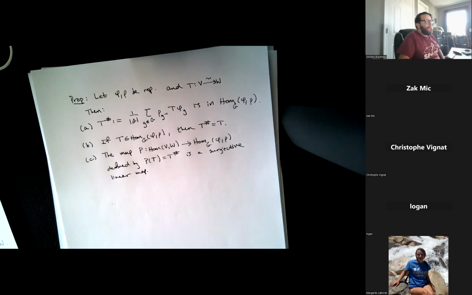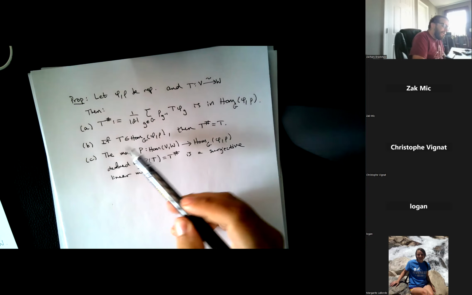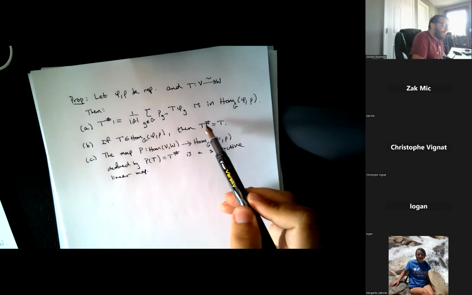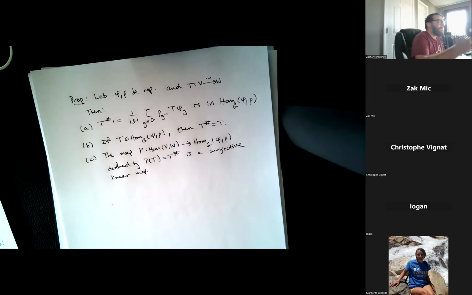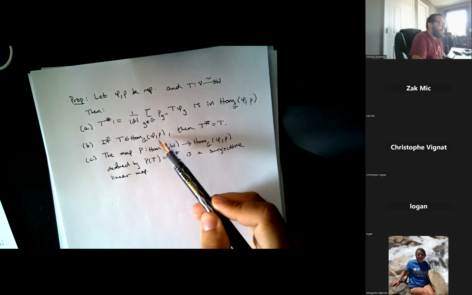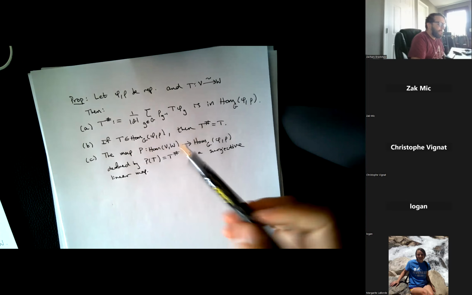Okay, so for your quantum perspective, if you take the twirl of a map which is already a morphism or an intertwining map of representations, well, then you just get the same map again.